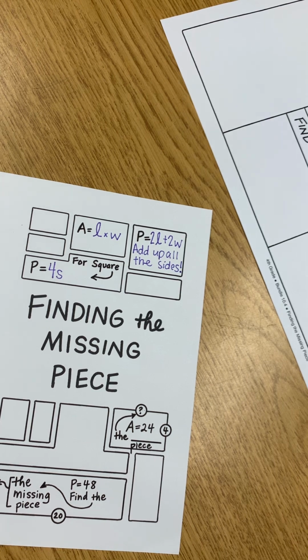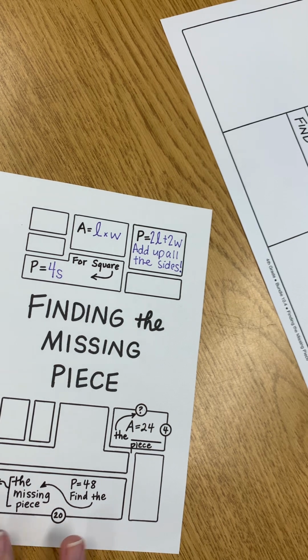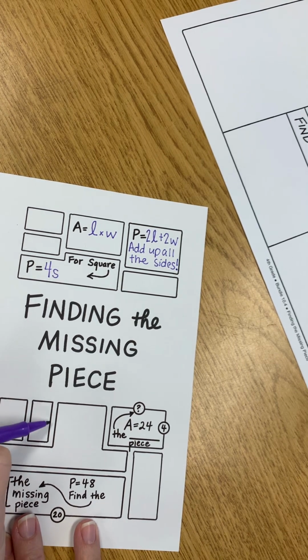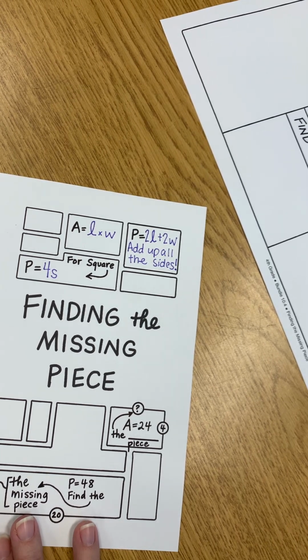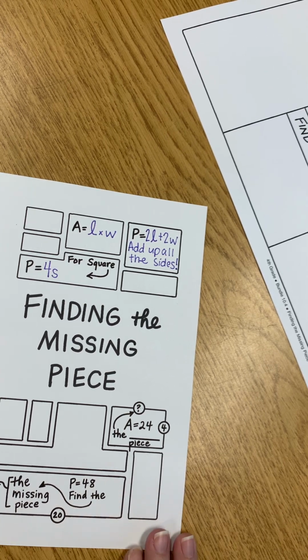So if my side length on a square was 3, I could do 4 times 3 equals 12. That would give me the perimeter of the square. So remember, for perimeter, we're talking about going around the outside, like if we were going to put a border or a fence up. Area is covering something, filling in the inside. If I wanted to lay carpet or tile or put a quilt on a bed, I would need to know the area.